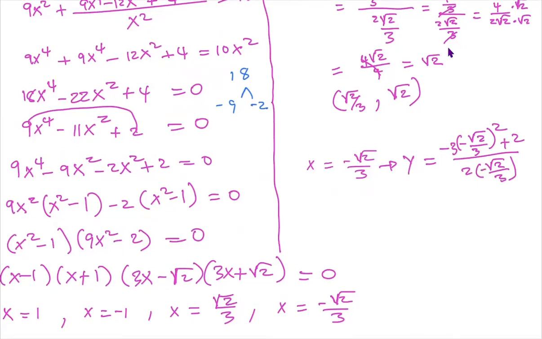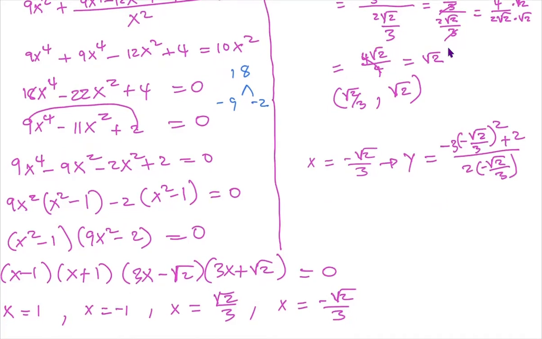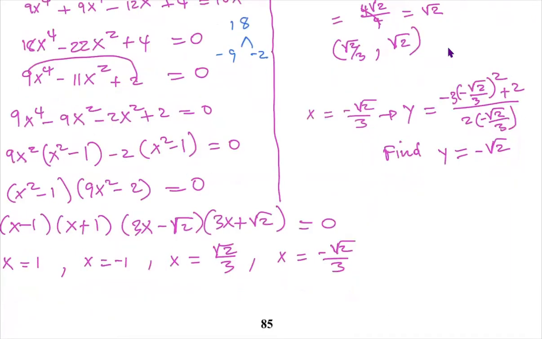Show your steps and find y equals negative square root of 2. So you have the other solution, that is x equals negative square root of 2 over 3 and negative square root of 2.